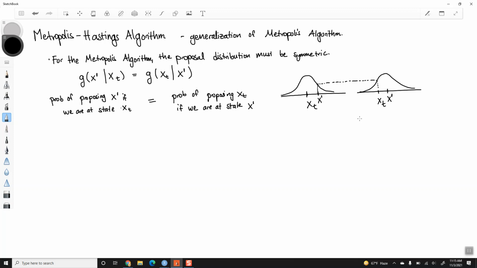These two probabilities are equal because g of x is symmetric.